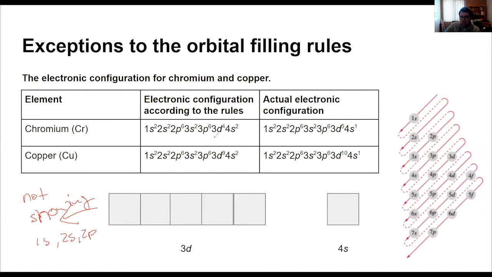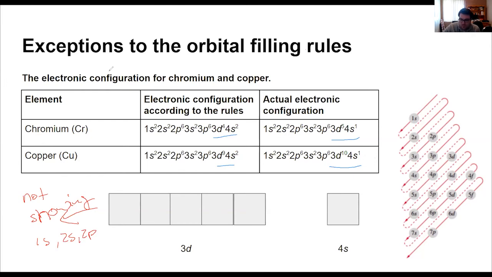What we're actually concerned about is our 3d and 4s subshells. For those of you who are cluey, you'll notice that chromium is the fourth element across the transition block, and copper is the ninth element across the transition metal block.